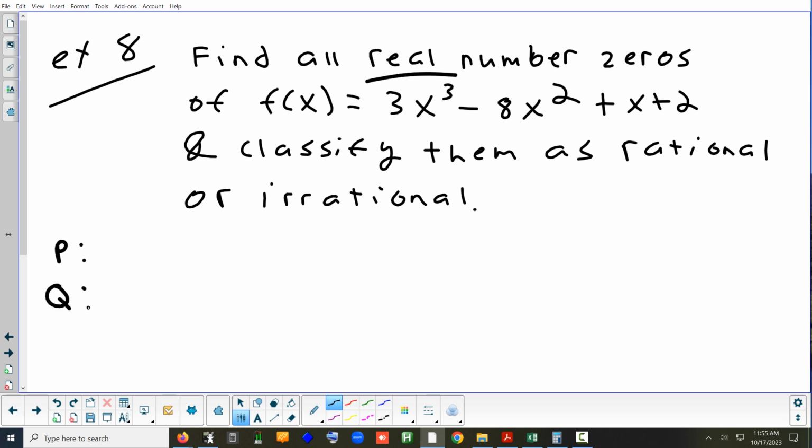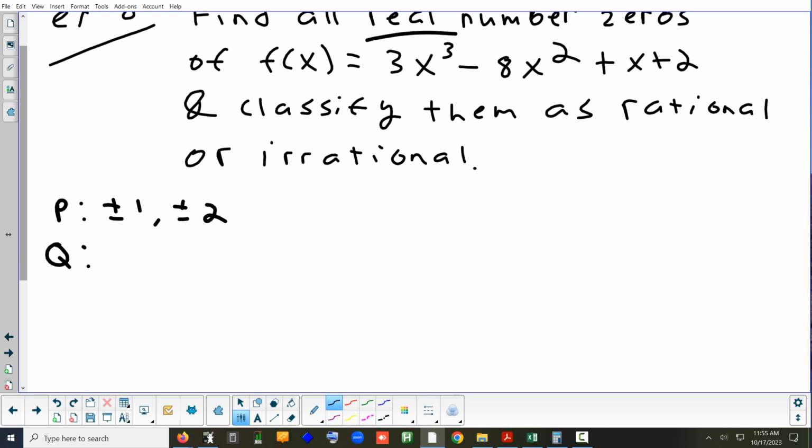What are my possible values for p in this case? Positive and negative 1, positive and negative 2. And my possible values for q? Positive and negative 1, 2, and 3.